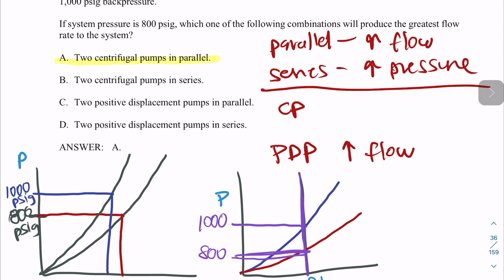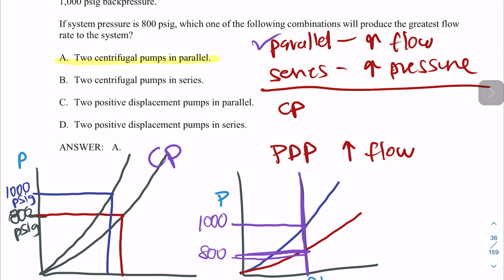See if you can see in here, the CP is giving me a higher flow at this system pressure, because we're comparing with the system pressure, not this one. Well, yes, we're comparing against that one, but if we lower the system pressure, this is what we're getting: a higher flow rate. In this case, the higher flow rate is going to come from the CP. Now, which one gives us a higher flow?